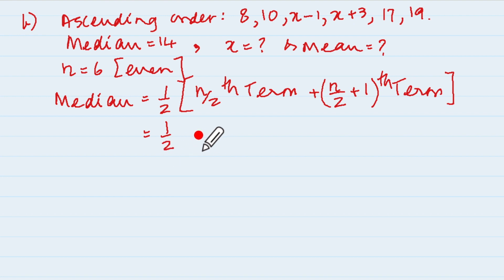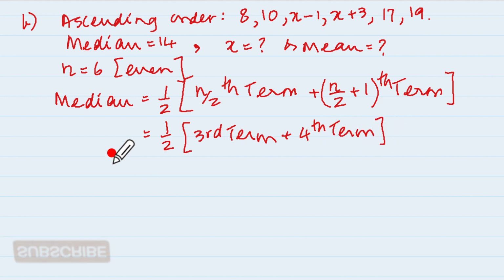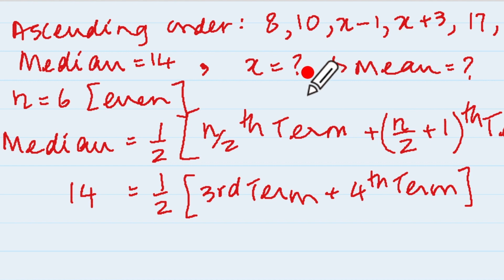Now half into bracket n upon 2th term. N upon 2th term, there are 6 terms, so 3rd term it will be. Plus 3 plus 1 means 4th term, and that is equal to median 14, which is given to us here. Can you see this?